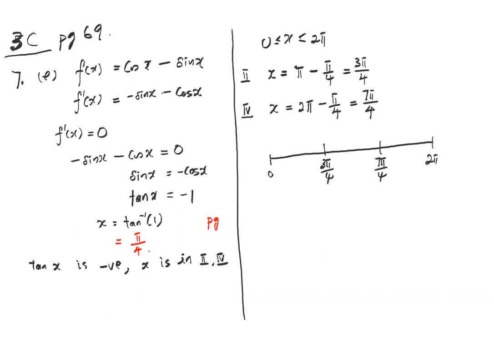Use calculator. I don't want to think it. Use calculator and determine the sign. Hello? 3 pi by 4, you can just use pi by 2. Pi by 2. I know. Negative. Am I right?